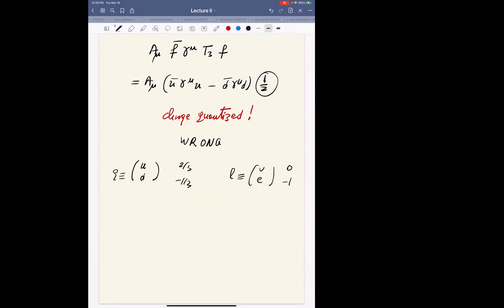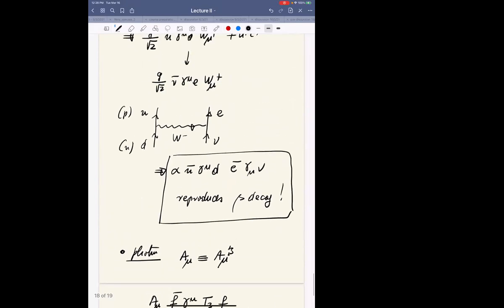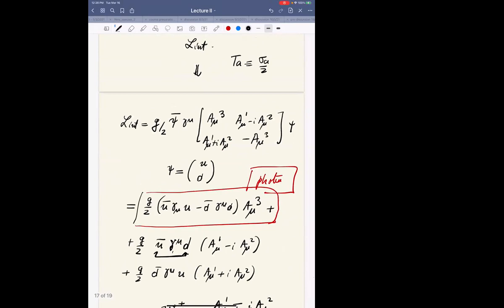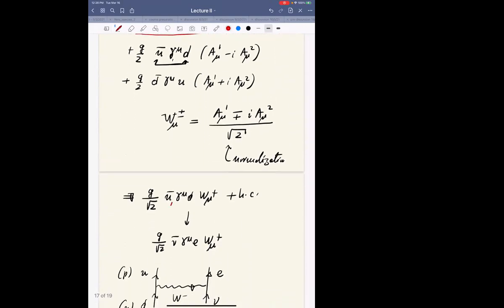I have a challenge anyway to face. By the way, electromagnetic interactions are parity conserving. So really, in order to reproduce the weak interaction, what I should have said is that the doublet must be left-handed. This is very important. Why? Because if it is left-handed, then there will be a left-handed particle and a left-handed particle here.